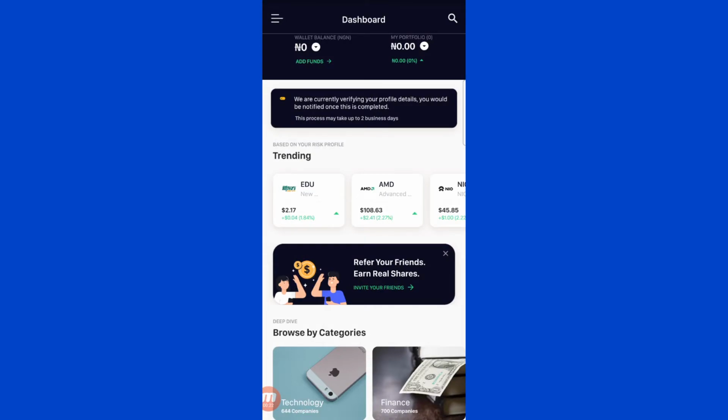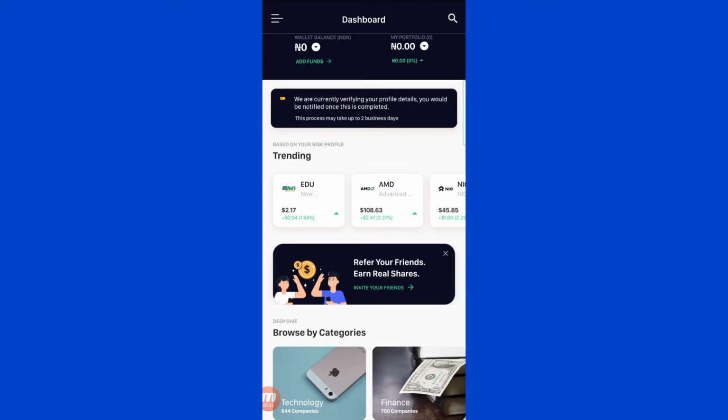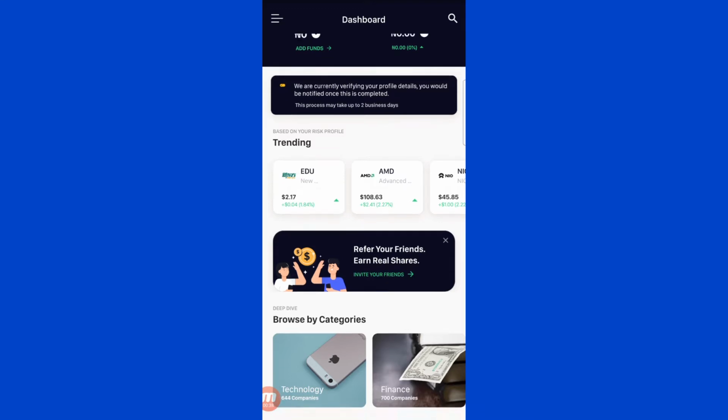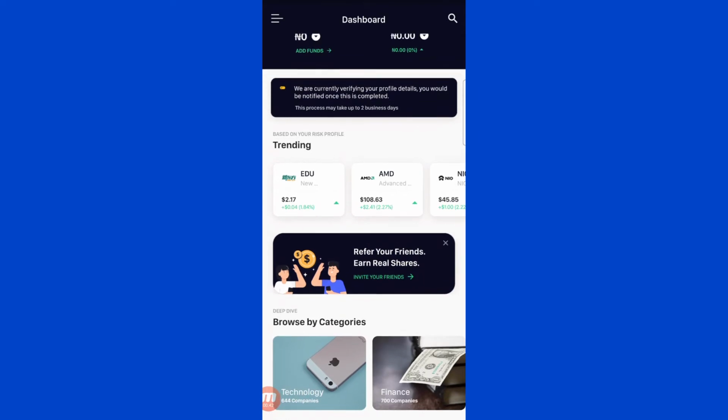What you're currently seeing on my screen is the landing page for the Trove stock trading platform. Mind you, Trove also allows you to trade both local and global stocks, just like Chaka. I'm just scrolling down here to see an overview.